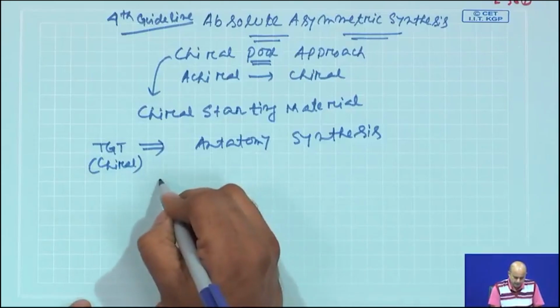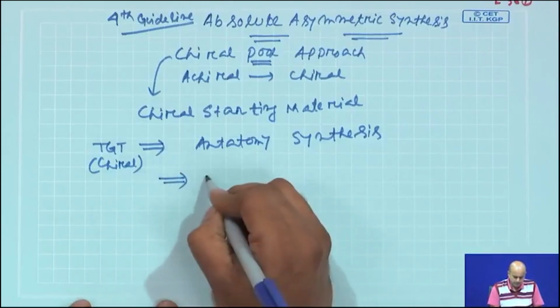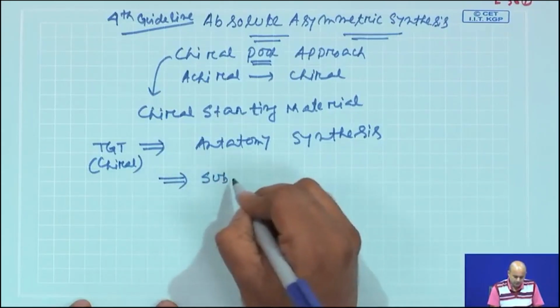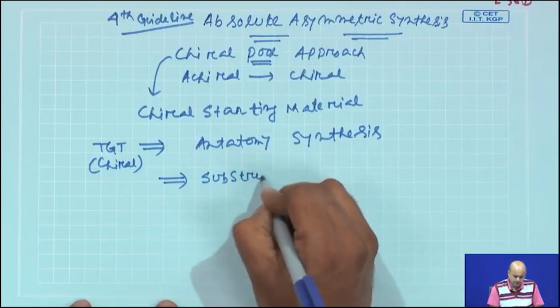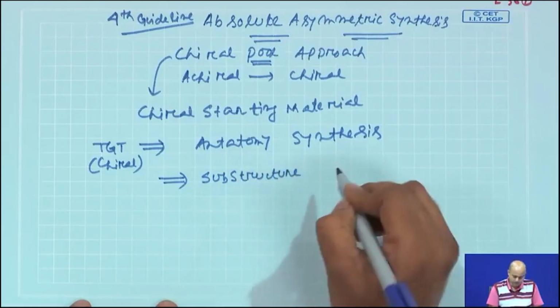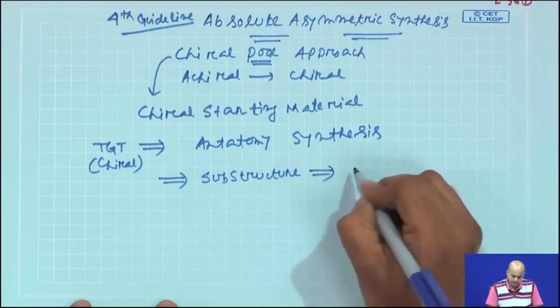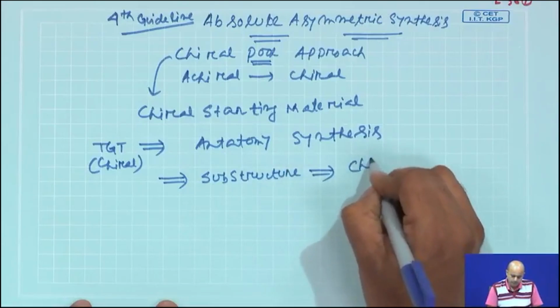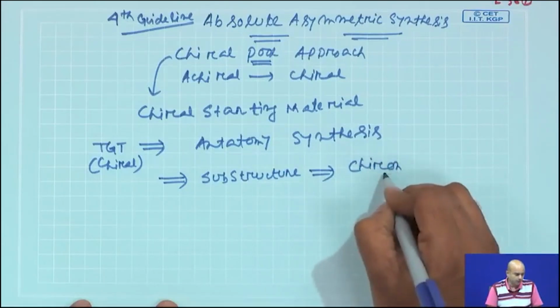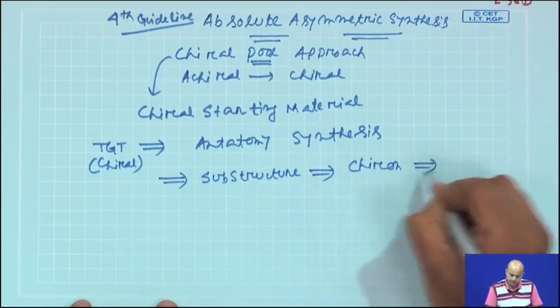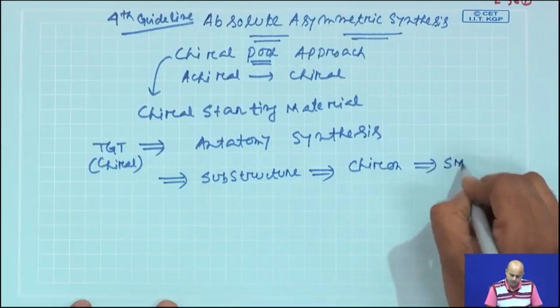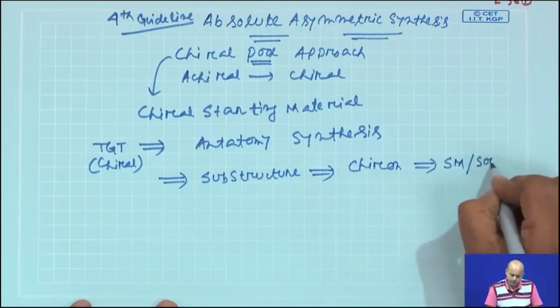Now, the target can first be classified to a substructure or an intermediate. Then I will introduce a new terminology, which is named chiron, then your starting material or source.